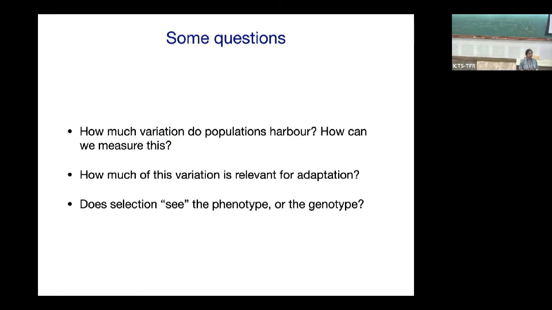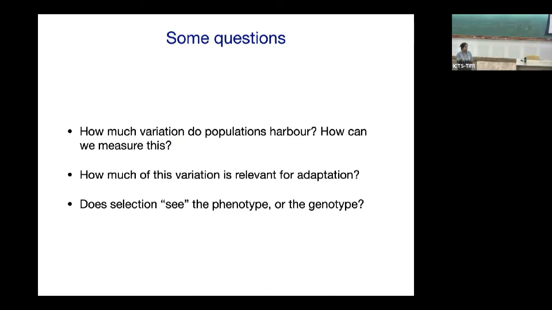Correct, so the same thing. What else? If it's non-coding, it may not confer big phenotypic differences, maybe, maybe not. We come to that. Yes, so there is another layer which is important to think about: just because the genotype gives rise to a phenotypic difference doesn't mean it's relevant for selection or adaptation at all.